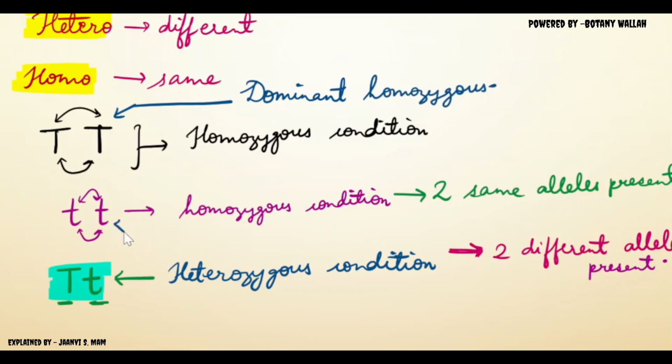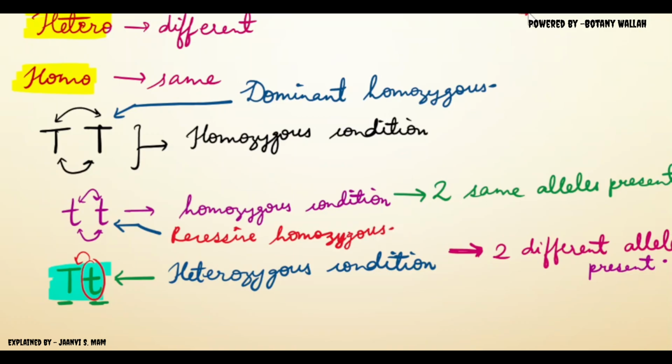And if this is small t, then we say it is recessive homozygous. It's understood that the recessive allele will only express itself when two recessive alleles are present, because if the recessive allele is present with the dominant allele, then it won't get expressed. So this is a recessive homozygous condition.